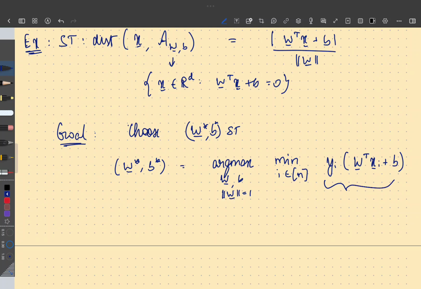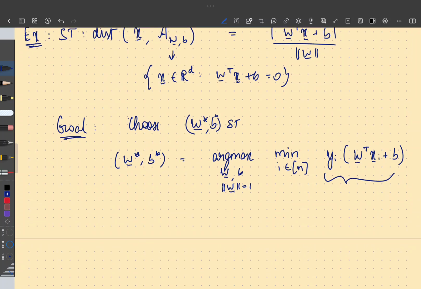Because yi times W transpose xi plus b is equal to mod of W transpose xi plus b, provided that the classification is done correctly.